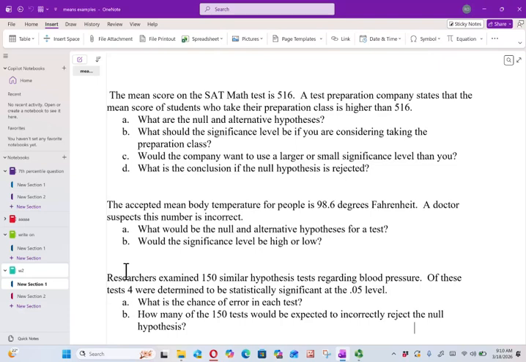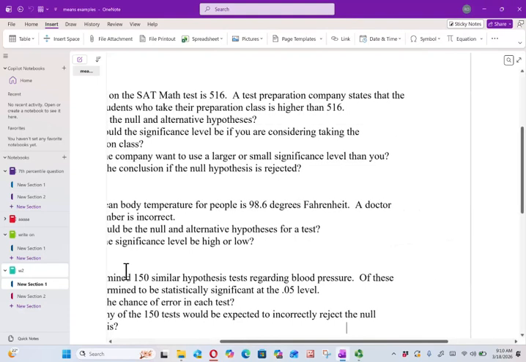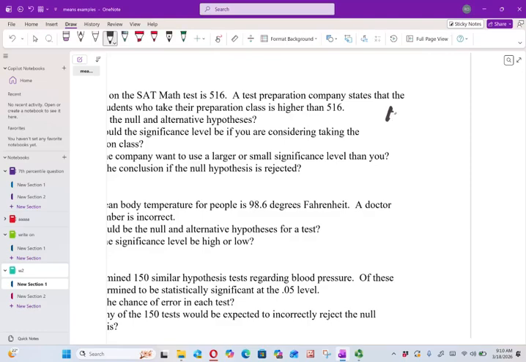So the null hypothesis is that there is no change. The alternative hypothesis is what they want to prove.